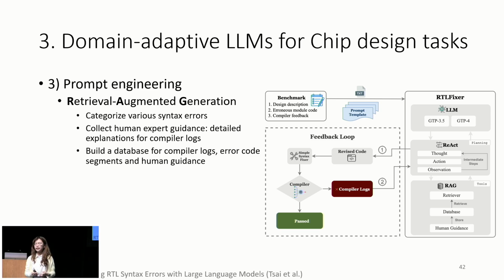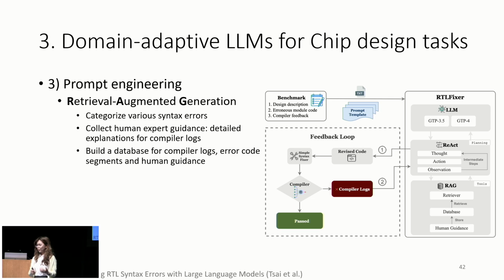First of all, in the offline stage, you can categorize various syntax errors from some offline datasets, and then you can collect human expert guidance. For example, you can ask some expert engineers to provide detailed explanations for those compiler logs.